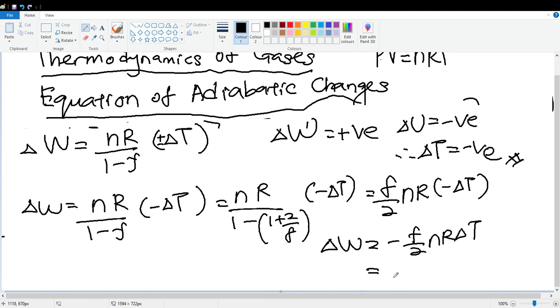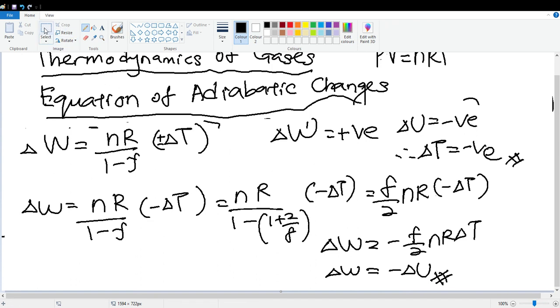So what I can say is the work done by the gas is equal to the decrease in internal energy. So this is how we determine the internal energy in terms of decreasing or increasing. This case is the decrease in internal energy.